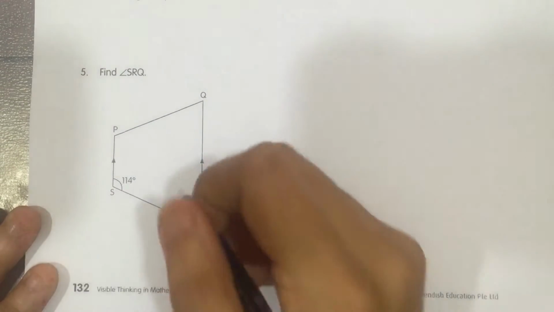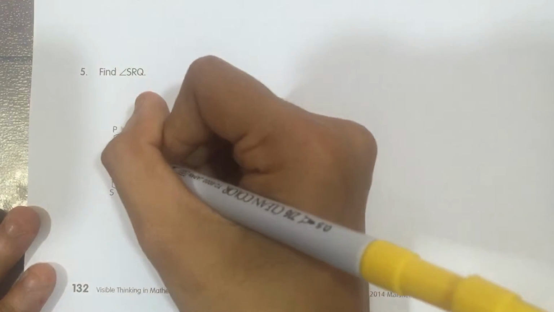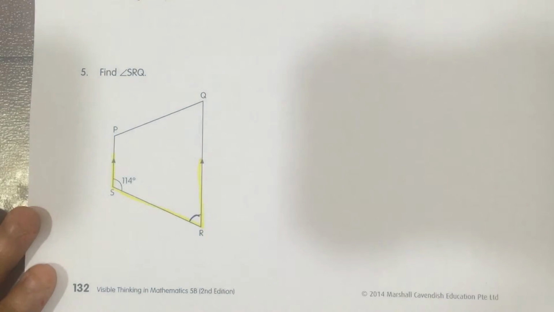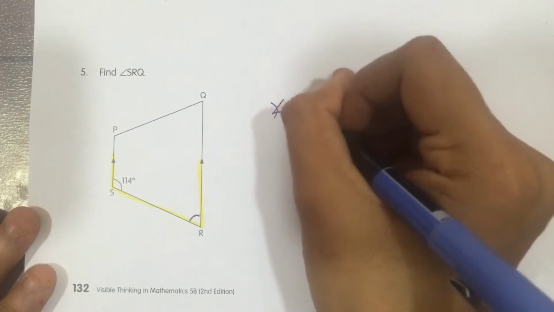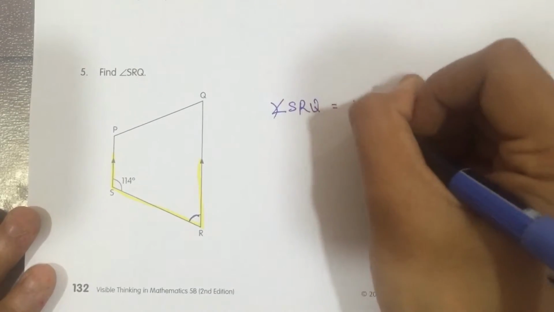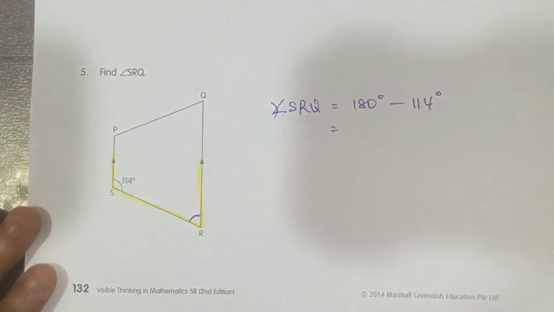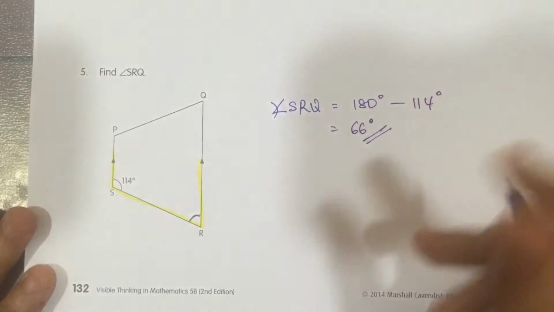Find angle SRQ. That's here. So I locate my two parallel sides. Angles between the two parallel sides will add up to 180 degrees. So angle SRQ is 180 minus 114 degrees. That will be 66 degrees.